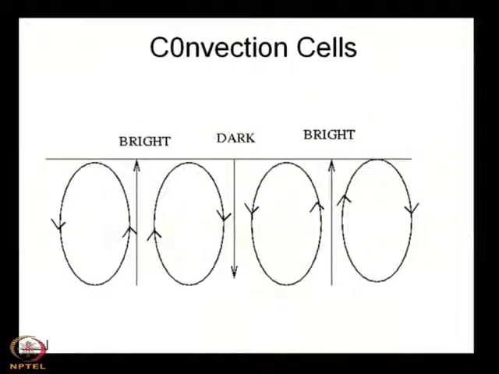Now, the amount of radiation that comes out depends on the temperature. That is the Stefan-Boltzmann law, T to the power 4. So, you will see a bright region here, a dark region here, and a bright region here. If you have convection, you expect to see such dark and bright regions on the surface.